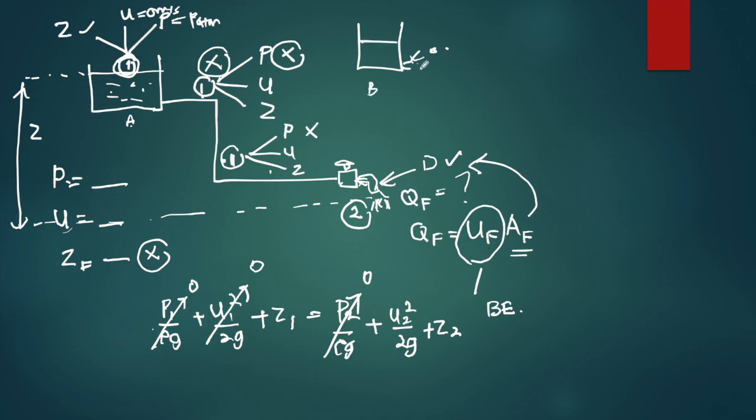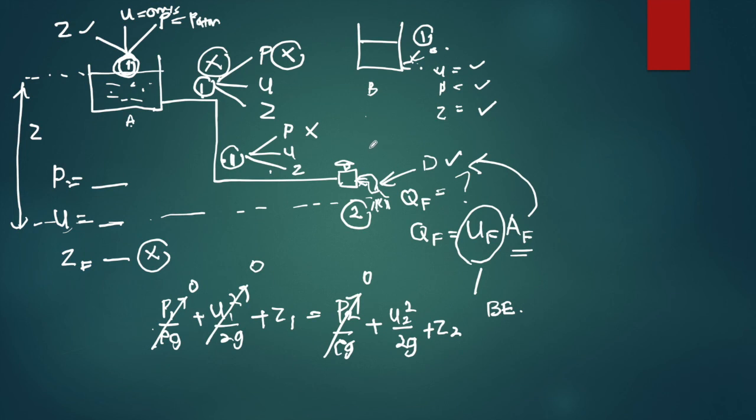The velocity here may be given, the pressure also given, and Z can be found, but you cannot select point 1 here and point 2 here, because they are not in a single streamline.